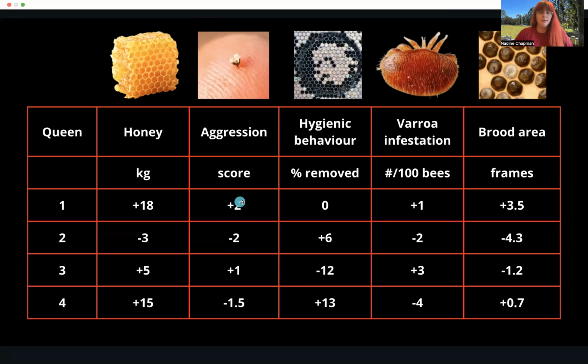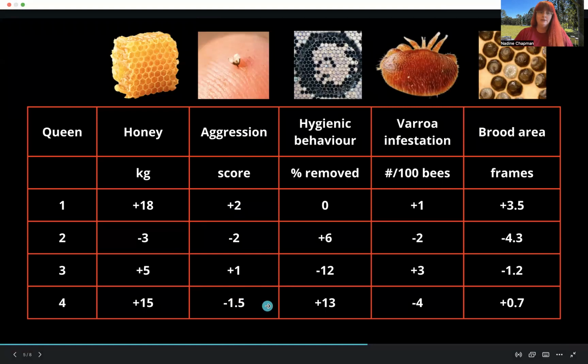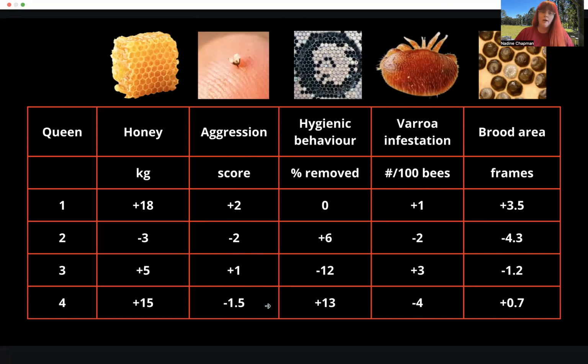So the first queen is scoring 2 points higher on that scale. She's more aggressive than the average colony assessed in that apiary. And then the bottom one here is scoring 1.5 below the average of the colonies assessed in that apiary.